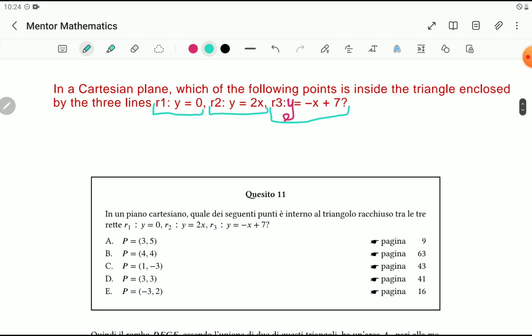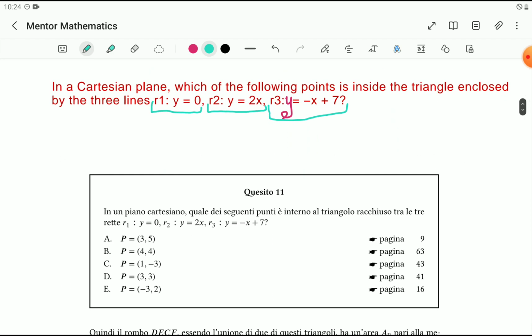Okay, so let's understand again. Let's read it. In a Cartesian plane, which of the following points? Here 5 points are given, is inside the triangle enclosed by the three lines.